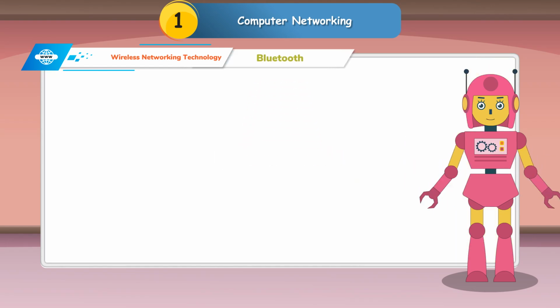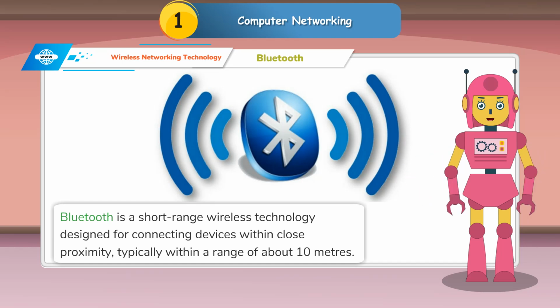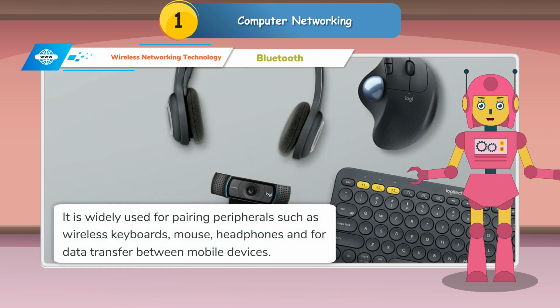Bluetooth. Bluetooth is a short-range wireless technology designed for connecting devices within close proximity, typically within a range of about 10 meters. It is widely used for pairing peripherals such as wireless keyboards, mice, headphones, and for data transfer between mobile devices.